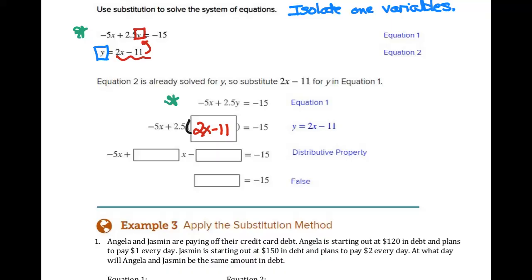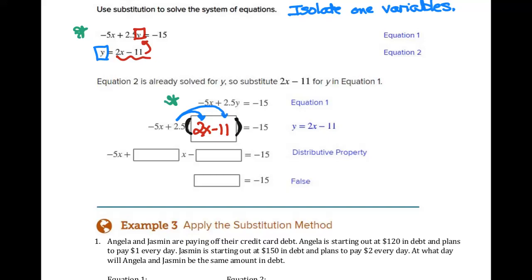Notice the big set of parentheses right here. So the negative 5x, that is not in parentheses, doesn't get distributed with it all. And then we need to distribute this 2.5 times each term inside the parentheses.